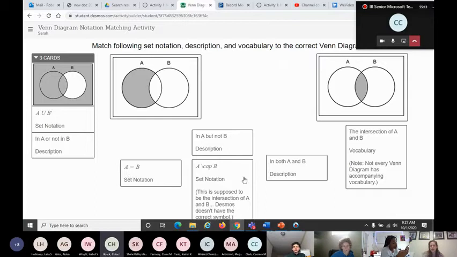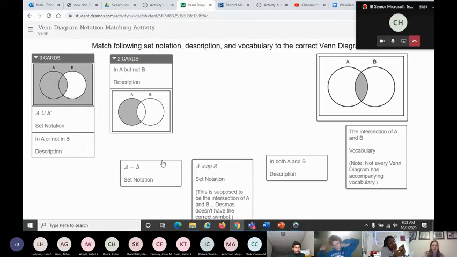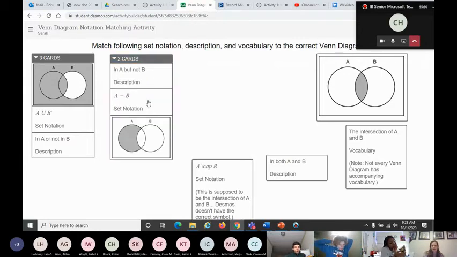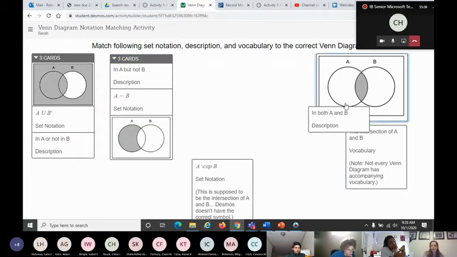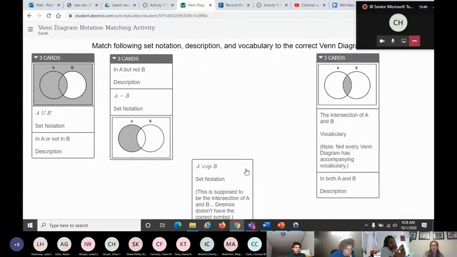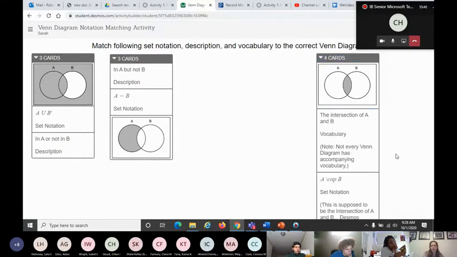Will it be in this specific order of where we get this specific set of things? What do you mean? Like, are the different slides in random order? Oh, I don't think it's random. So you'll put all these together. I'm just going to pick a random description, a random set notation, and stick them together like that.